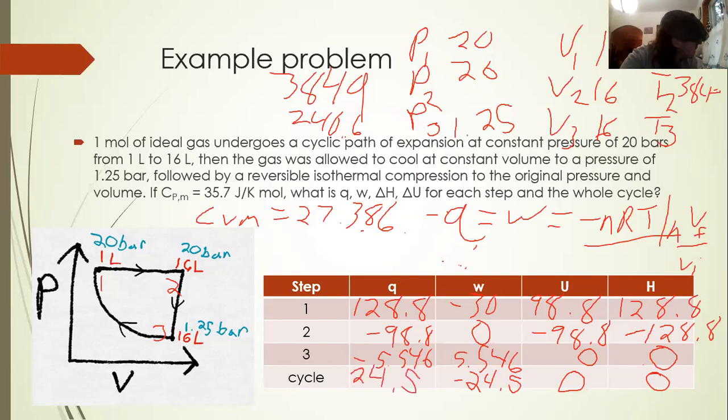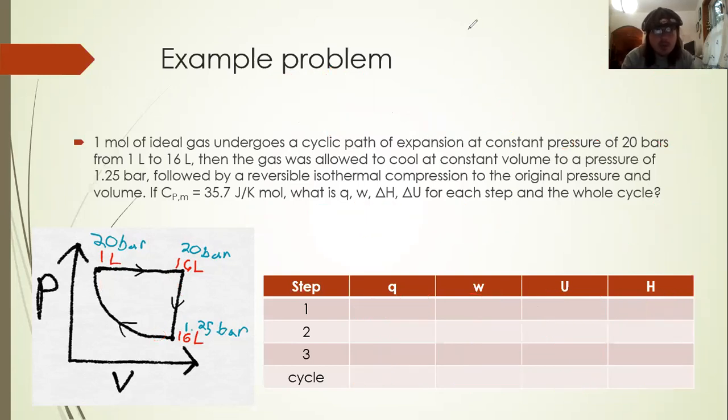So for this whole cyclic process, what we see in these path-dependent functions, we see internal change in heat of positive 24.5. Negative 24.5 kilojoules of work are produced. Thus, you see work produced so long as heat is being introduced. And so even though the internal energy stays the same.